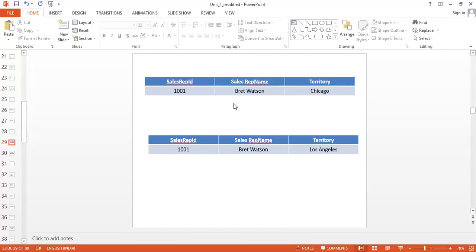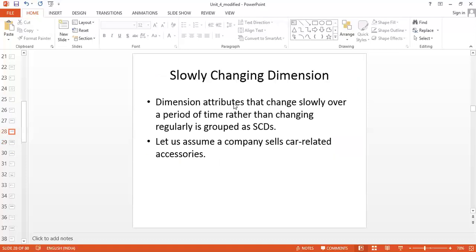Now, after a certain period of time, the company has decided to transfer him to a new territory and assign him the new location called Los Angeles. So his ID and his name are the same, but the territory and the location to which he is working now has changed. So this is changing over a period of time, and such dimensions are called slowly changing dimensions.